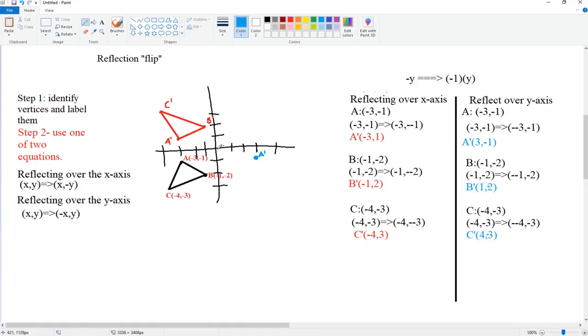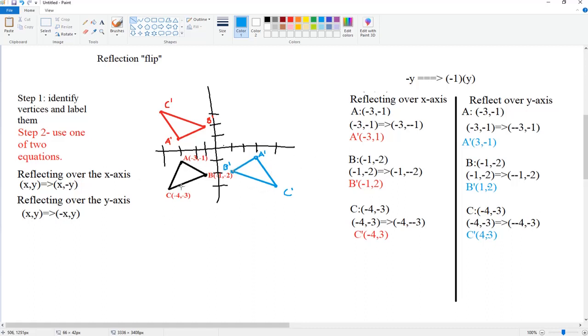So 1, negative 2, right here. That is my B prime. And then 4, negative 3. That is my C prime. And then I connect my dots. And there you go. That's my reflect over a y-axis.